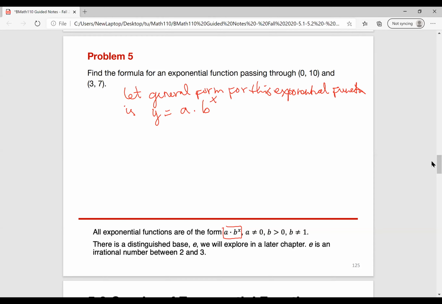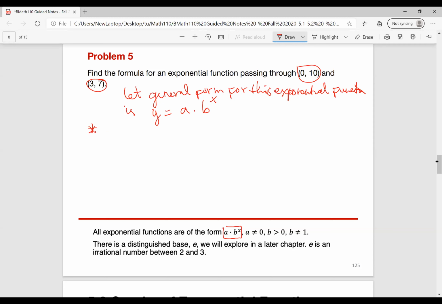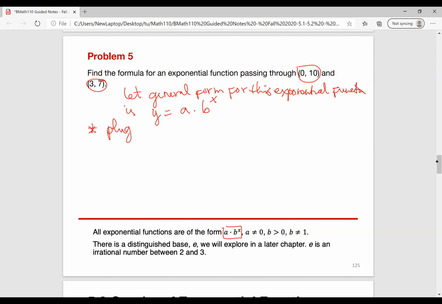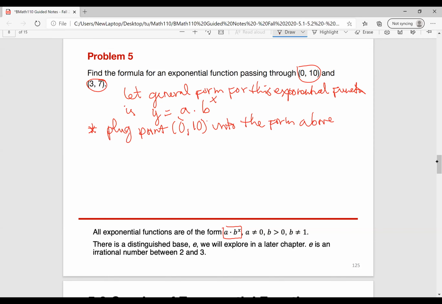So what do we have? We have 2 points from the given. Step 1, plug point (0, 10) into the form above, right? What do we have? In here 0 is the value of x, and 10 is the value of y.